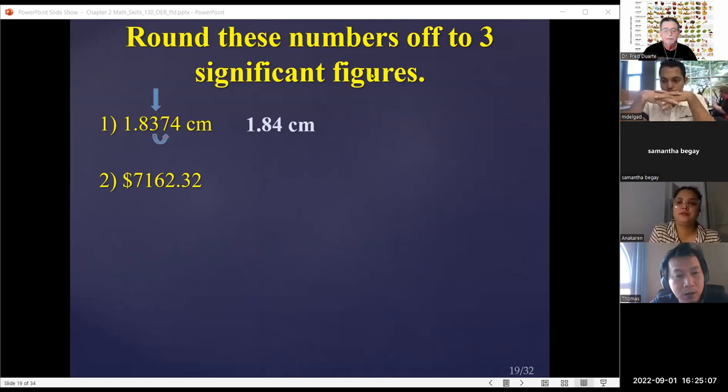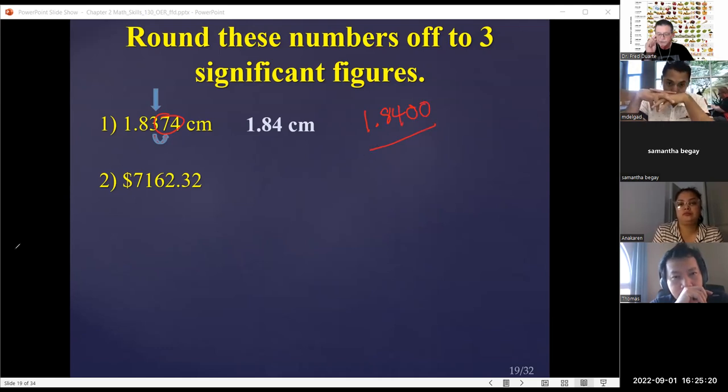Let me restate that. Let's say the 7 and the 4, instead of dropping them, you converted them to zeros. What in effect have you done? You increased the number of sig figs, because those zeros count. So that would be incorrect, but you didn't change the magnitude. All you did was change the sig figs.